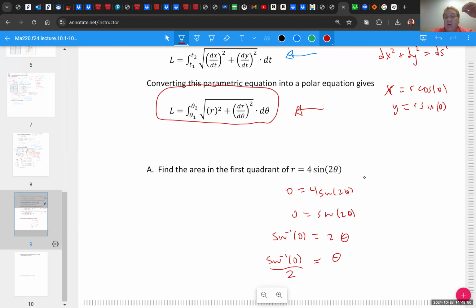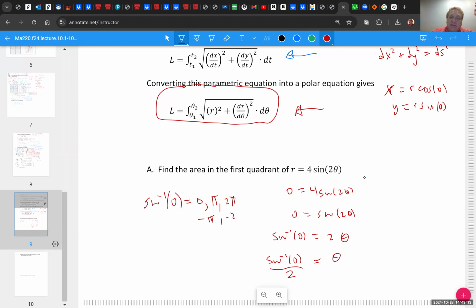That's the angle. So I had to find the sine inverse of 0. Remember, unit circle. This is when the y value is 0. So where is the y value 0? Sine inverse of 0 says, what is the angle where the y value is 0? That's going to happen at 0, pi, 2 pi, negative pi, etc.